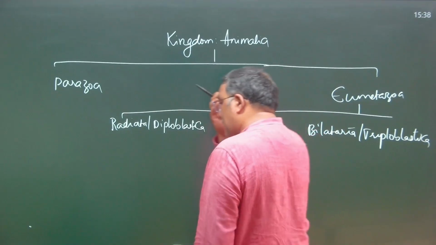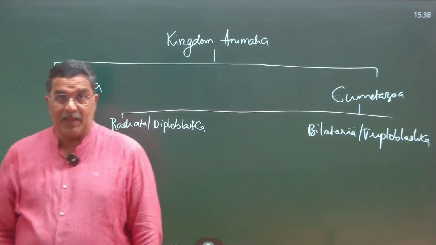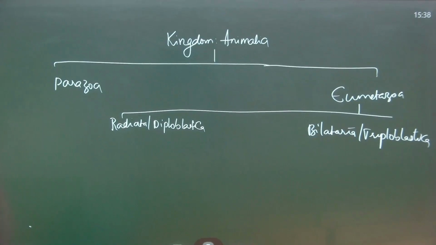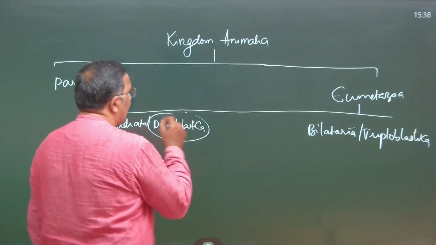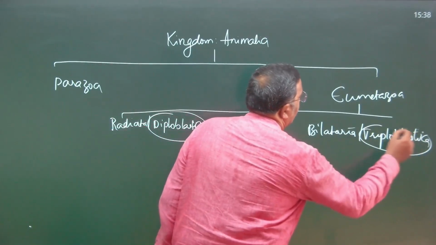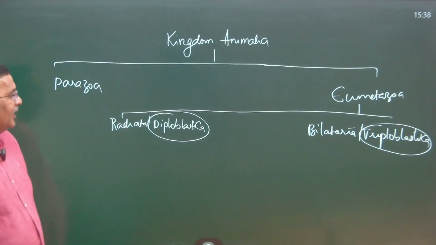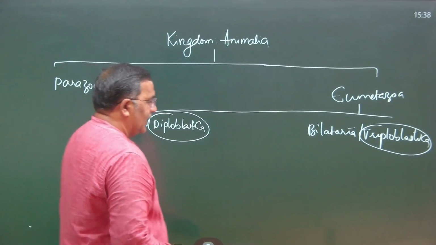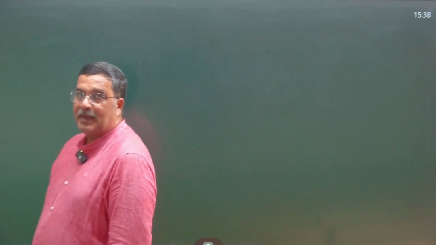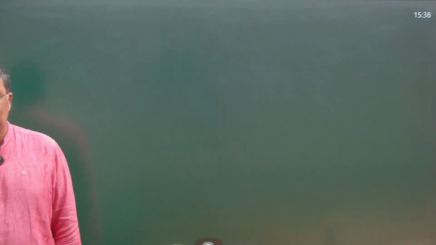Grade bilateria or triploblastica, grade radiata or diploblastica. So we are taking this item today, diploblastica and triploblastica. What is diploblastica? What is triploblastica?